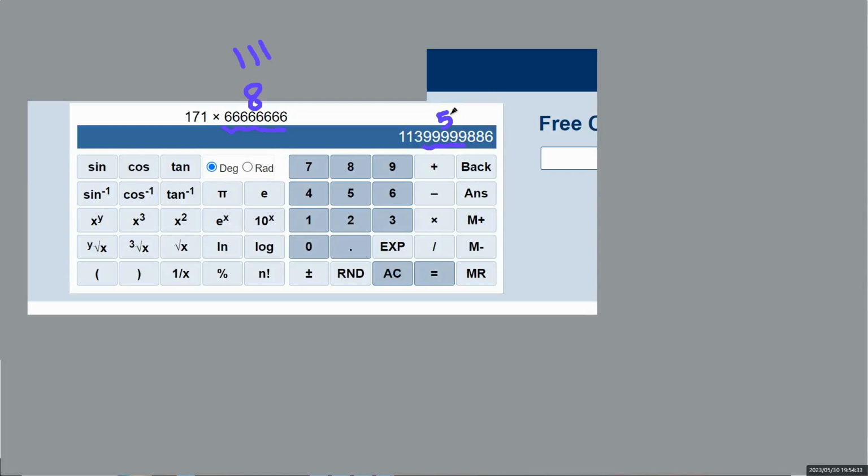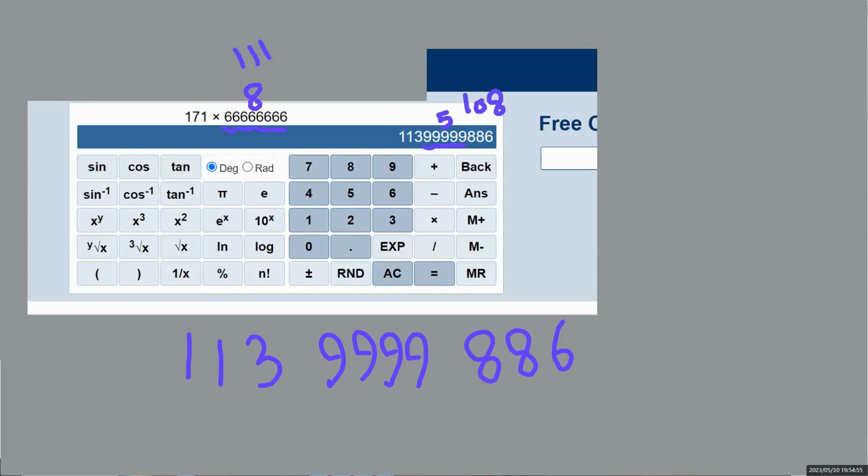How many 9s would it make? 3 less. Okay, so it will be 108 9s. So the answer will be 113 and a lot of 9s, 108 9s, 8, 8, 6. Okay, and we have 108 of these.